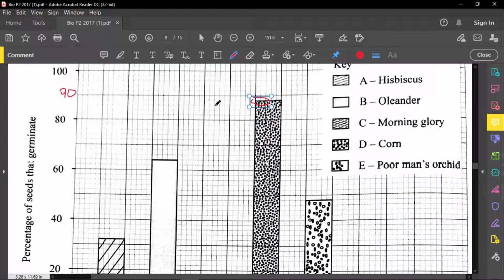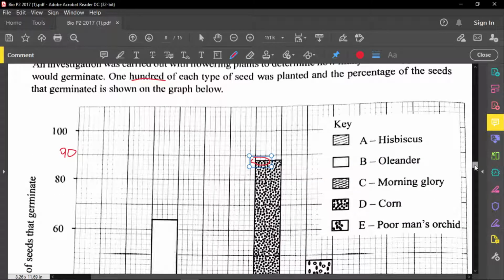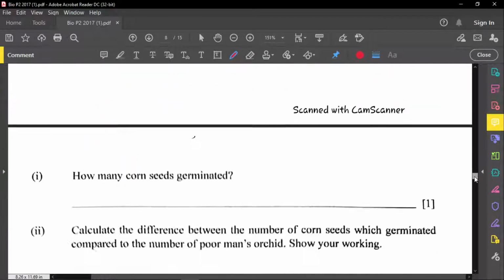Okay, so 88. But the thing is now, because this is in percentage, I'm going to show an easy mathematical calculation here. If it's in percentage, and there's only 100 seeds that were planted, it therefore means the percentage will convert to the number of seeds. But I'm also going to show the calculation for it as well. You can just put the number there, which is 88, but I will show you exactly how to calculate that.